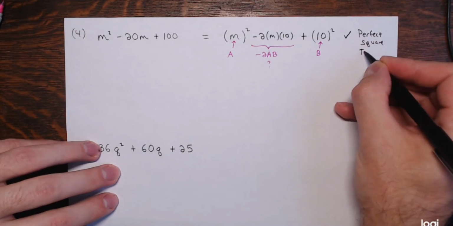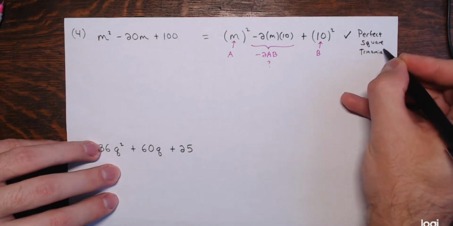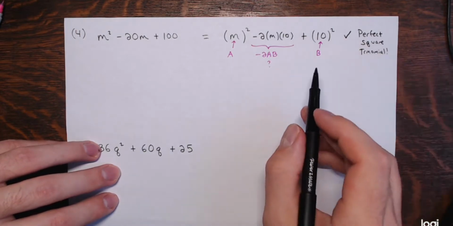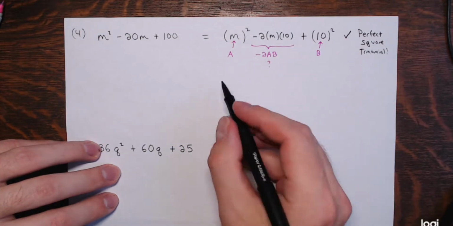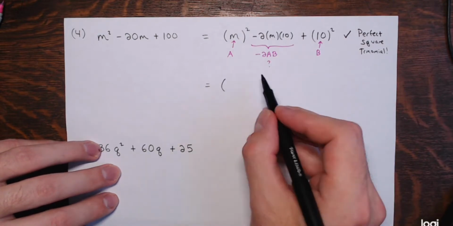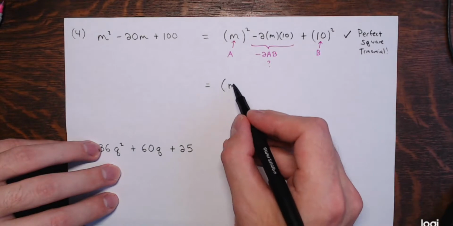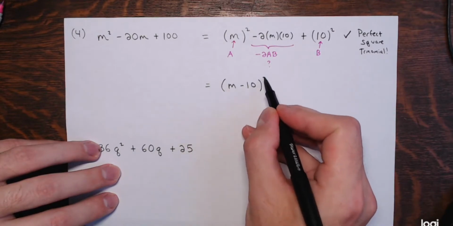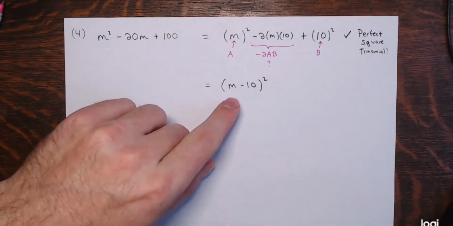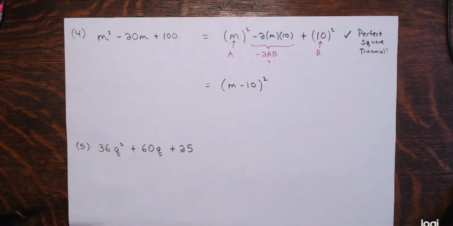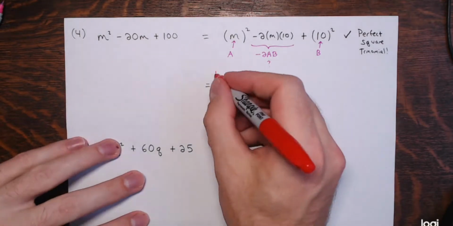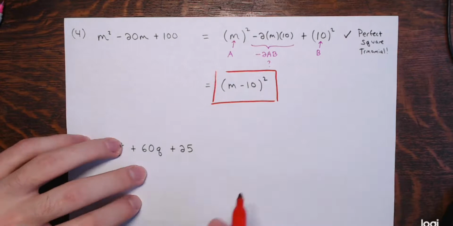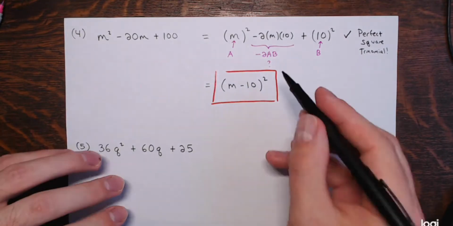But it is a perfect square trinomial. And yeah, a squared minus 2ab plus b squared, that's going to factor to a minus b, m minus 10 to the second power. Or m minus 10 times m minus 10 again. There we go. And don't forget to check, right?